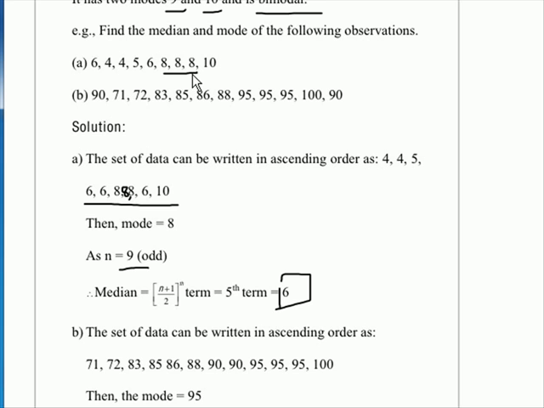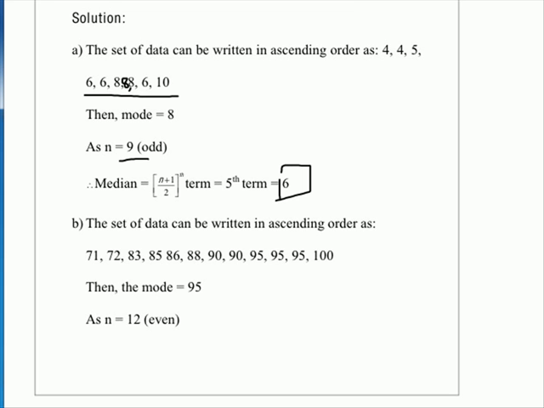Now looking at the second set of data, we do the same as before. We arrange it in ascending order here, and then we find that the mode is 95, since this is the only number that appears with a frequency of 3, repeating 3 times.